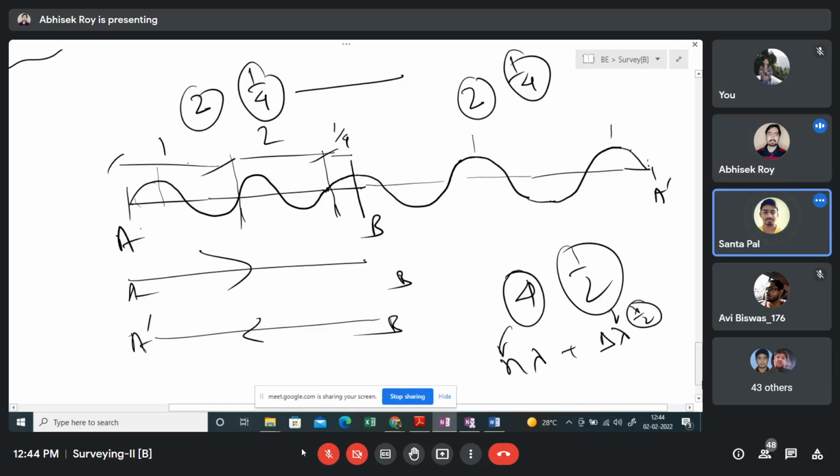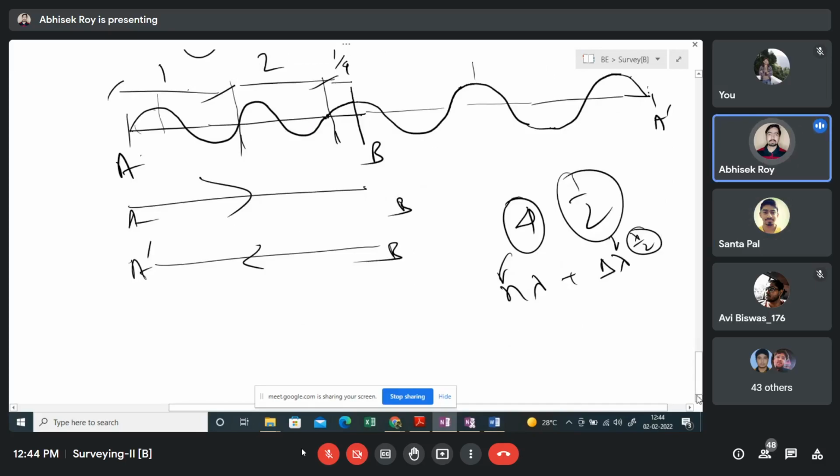Yes, sir. So similarly, I have taken here a very short example because I can't represent more here. Otherwise, delta lambda will always be less than lambda. That means it is only a little part of a wavelength or a little part of a cycle which is not completed. And n is a very huge number.